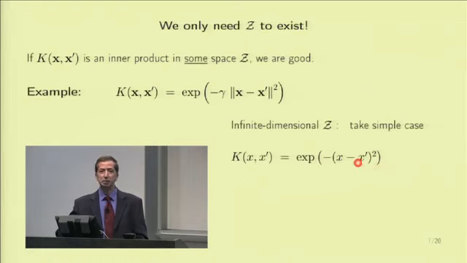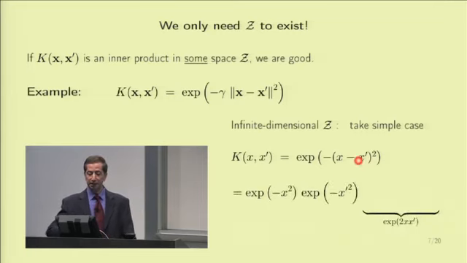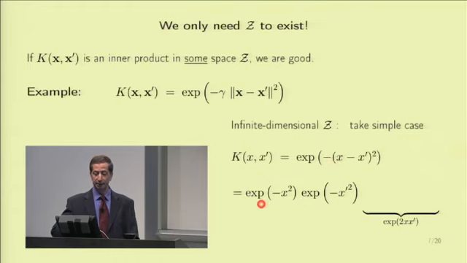So now let me express this using Taylor series. First, I do the following. I expand this, so I get x squared, x dash squared, and minus twice x x dash, and minus twice gets the minus and becomes a plus. Okay? So I get e to the minus x squared, e to the minus x dash squared, e to the 2x x dash. Okay? So that's the legitimate expansion of this.